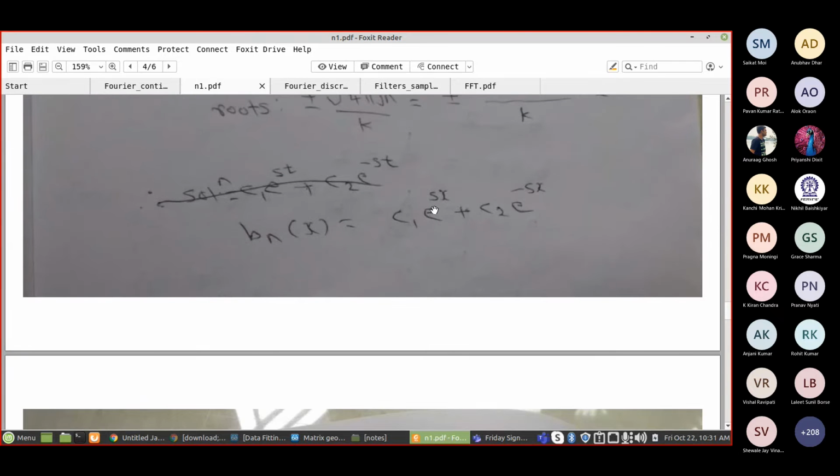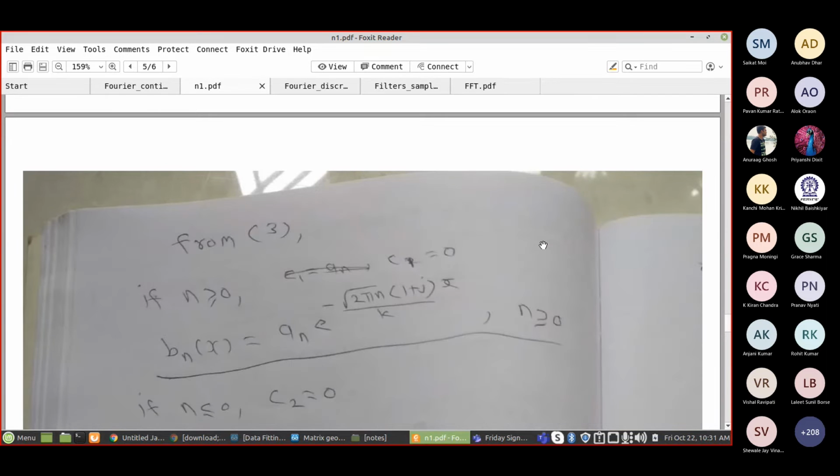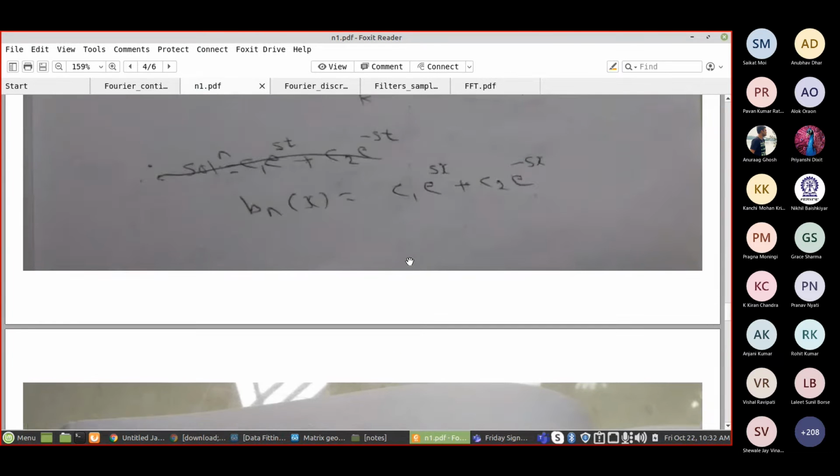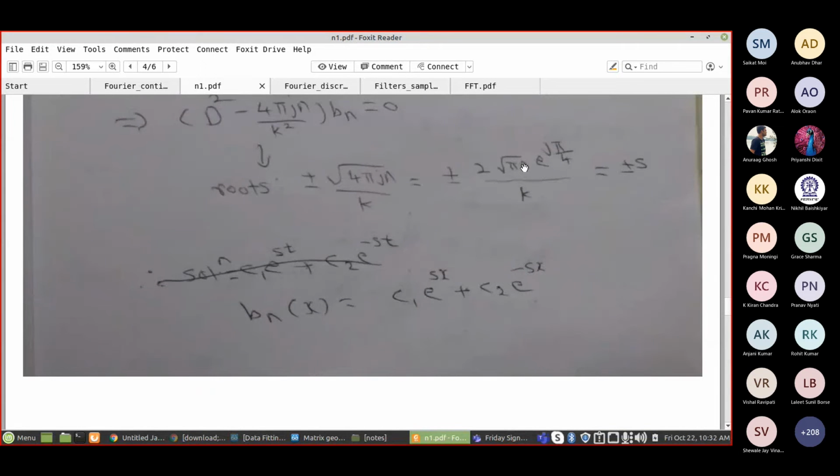All right, let me justify this. What I am saying is, if n is greater than or equal to 0, then C1 has to be 0. So we are taking n positive and saying that if n is positive, then C1 has to be 0.